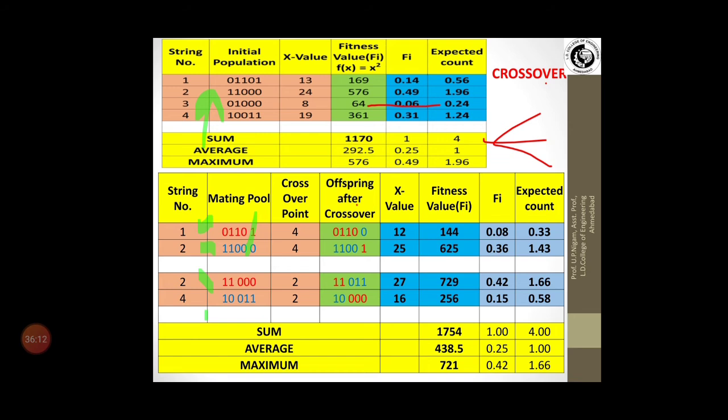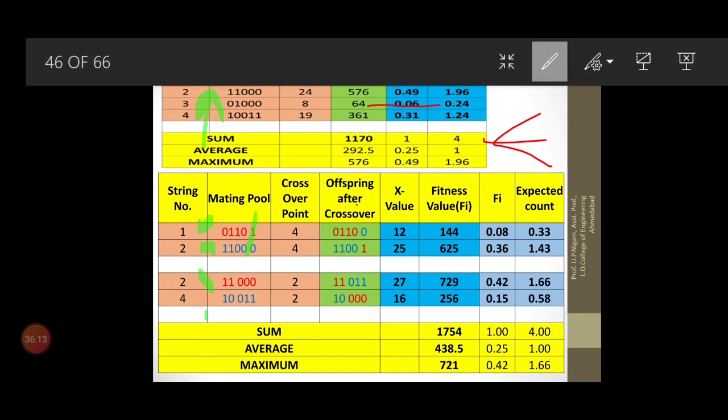Now the first and second strings are one set of parents, and 2 and 4 are another set of parents. Here the crossover is happening, and at number 2 the crossover is happening. Here you will see 0, 1, 1, 0. Here also it is 0, 1, 1, 0, and this 0 has come from here.